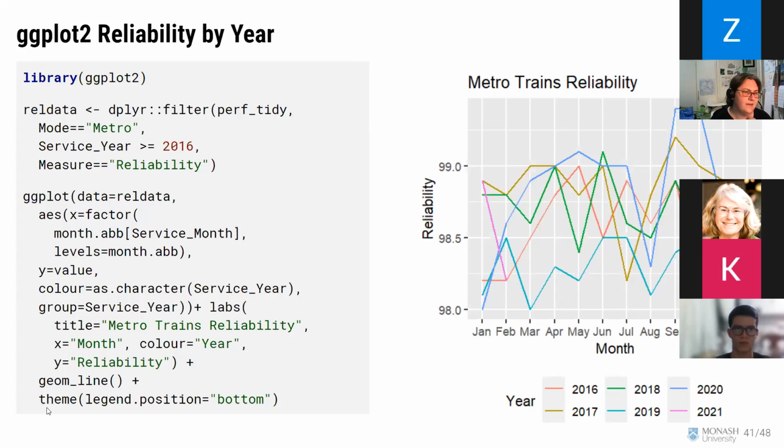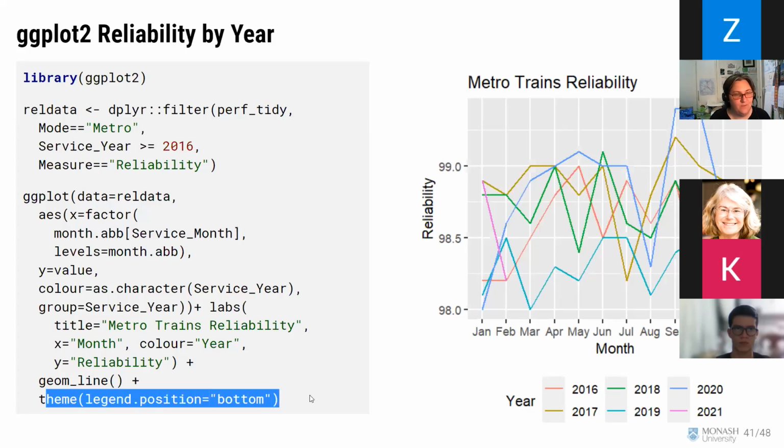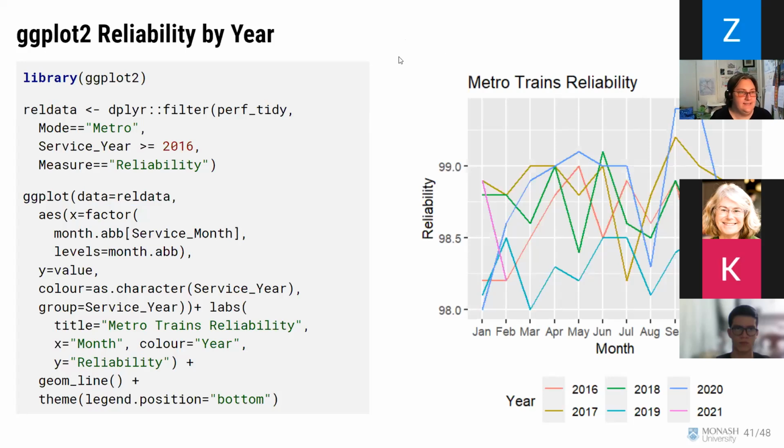Like I say in the tute, don't be afraid: if you run the code and it breaks and doesn't make sense, just try something else, change a variable, see if it helps. The theme at the bottom just puts the legend down the bottom, otherwise it comes up down the side, which makes it harder to fit into this slide.